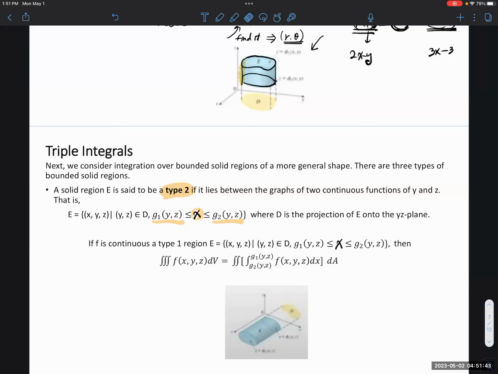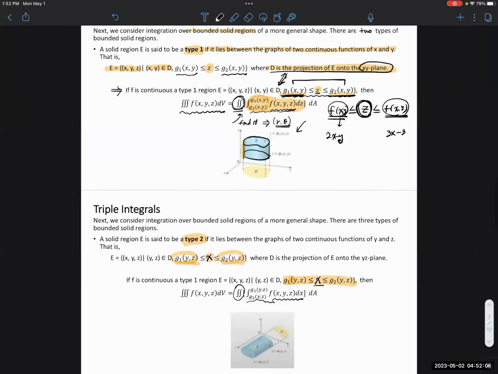So type 2 is when you have the interval for only x, and then obviously the other function is going to include y and z. If you have the interval for x, yes, you can take the integral with x first. And then the same thing, you might be able to find the interval for y and z depending on the question. So I'm going to show you type 1 and 2.